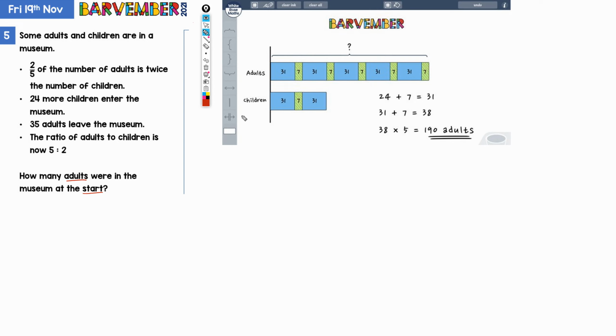Okay, right, well, clearly I am going to start by drawing a bar, as they've done here, for the adults and for the children. So we've got adults and we've got children. And what I'm going to do is take my leave from here, and we realize that we're going to be dealing in fifths.